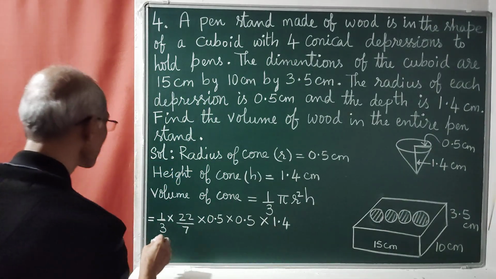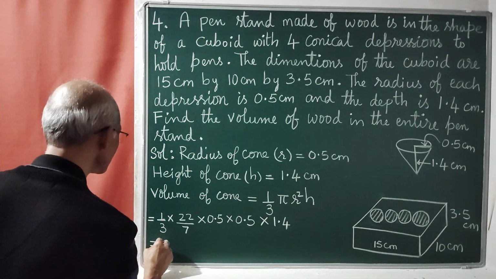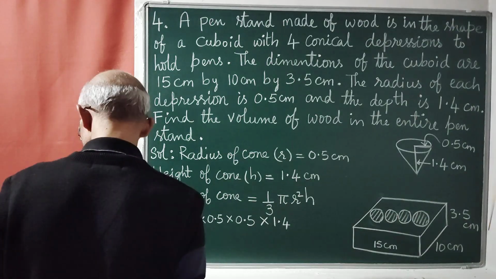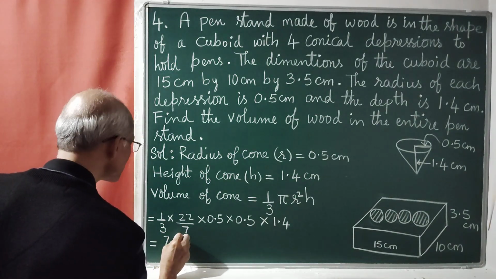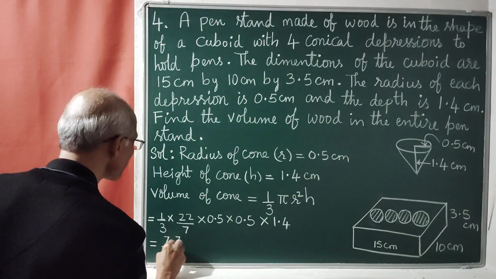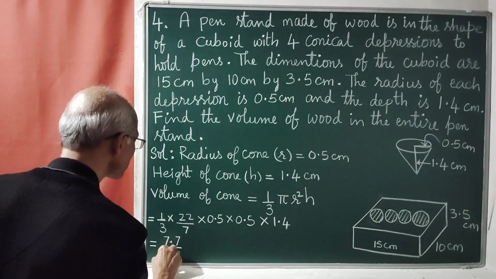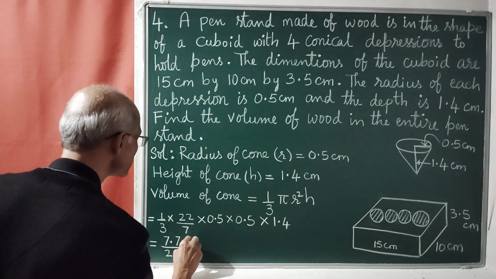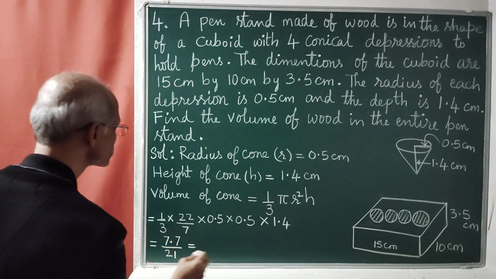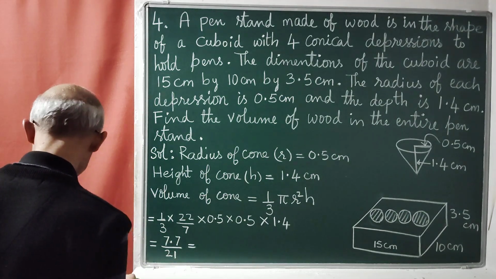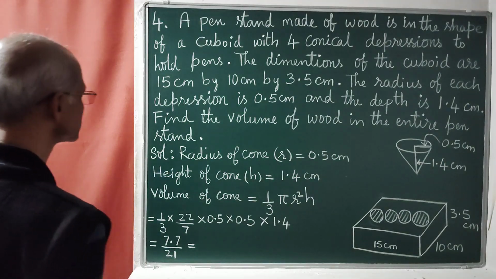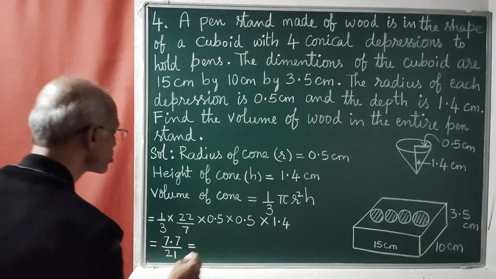So if you calculate, you will get 7.7 by 21. 3 can divide both the numbers. 7 can divide both numbers.